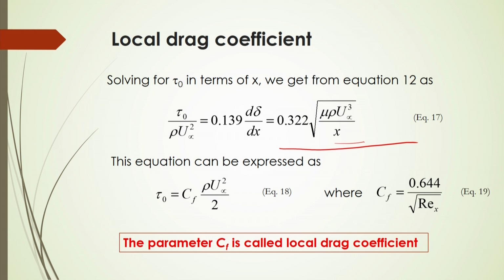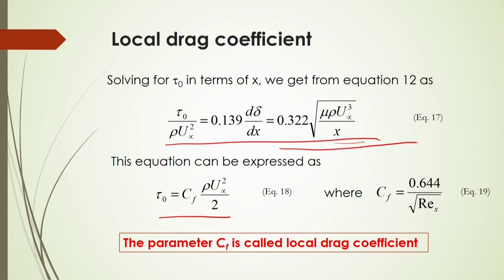So, from this equation you can simply calculate the shear stress. Now, if we relate this shear stress with the expression of tau 0 as a function of kinetic energy.